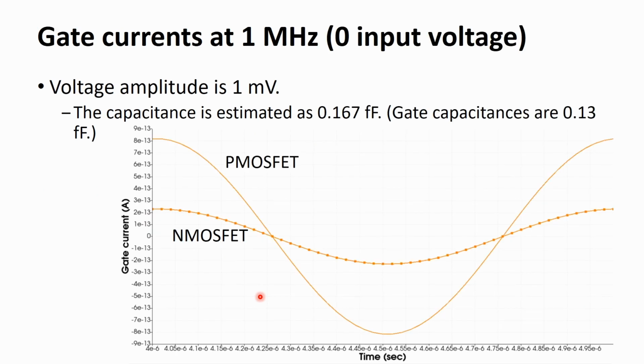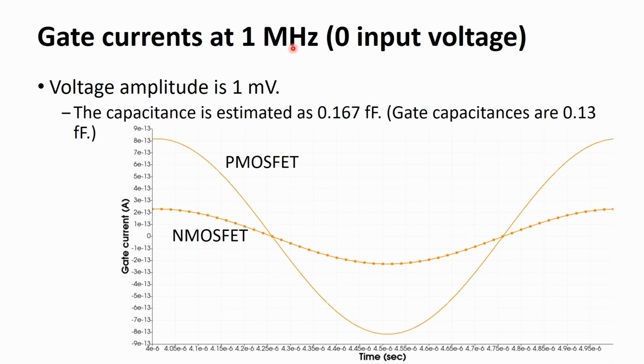Since we are considering a small signal response, the amplitude is set to be as small as 1 millivolt. A relatively low frequency, 1 MHz, is used and the DC input voltage is 0. So, the N MOSFET is turned off and only the P MOSFET is turned on.